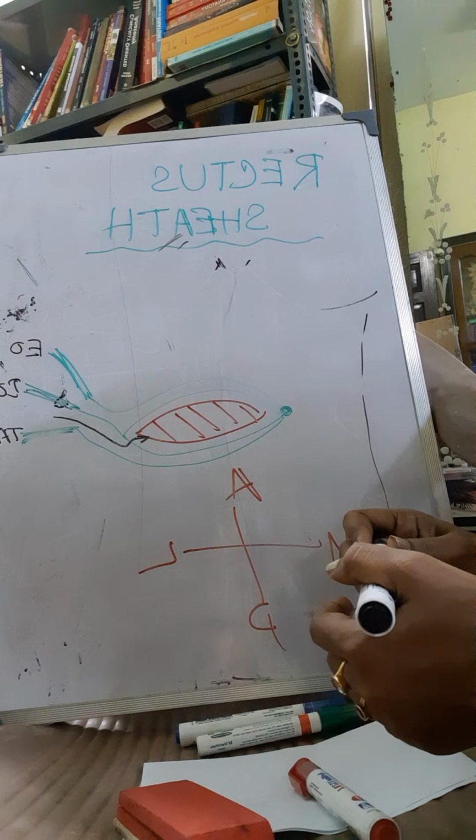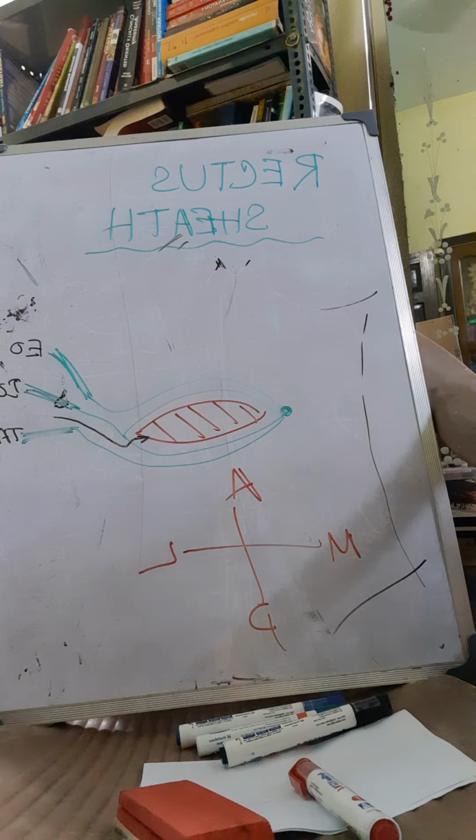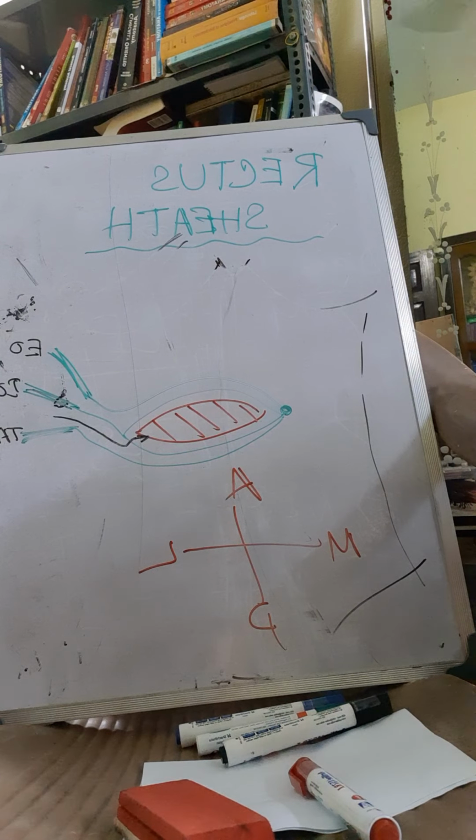So this is the way, and that's why during any operation of the anterior abdominal wall, it is very unwise to do an incision along the linea semilunaris, because this may produce segmental paralysis of the rectus abdominis muscle due to the injury of this thoracic nerves, right?